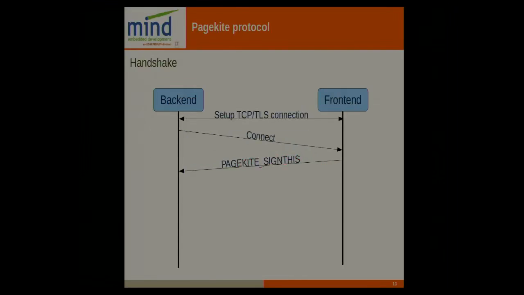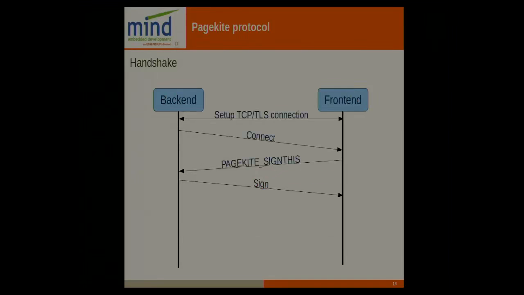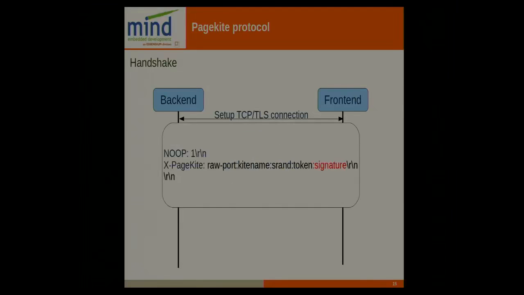The front end answers with a sign this message, which consists of mainly the same things that you send to it plus a token, so also a random number, and a session ID. And then you send back a sign message, which of course includes a signature, which is based on the random number that you got from the front-end server, in a hash, together with a shared secret.